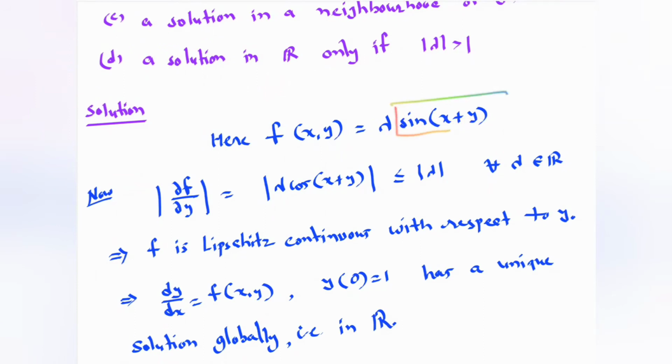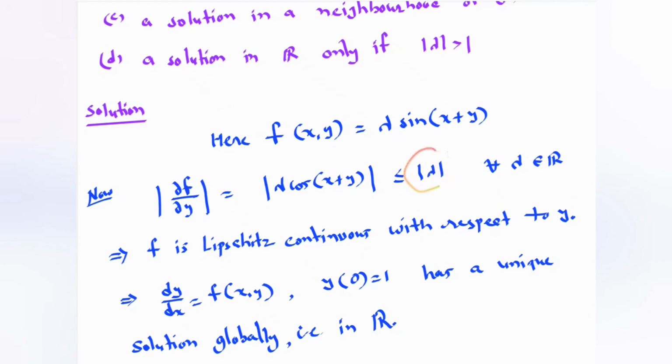Since it is a trigonometric function, it is continuous everywhere. Now for mod del f upon del y, we partially differentiate f with respect to y, and we get lambda times cos of x plus y, which is less than or equal to mod lambda for all x and y.